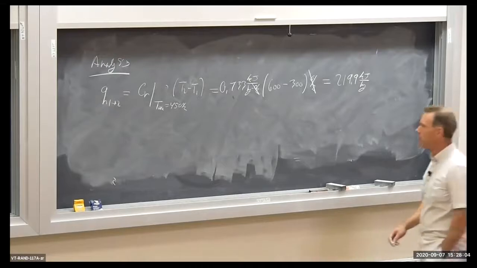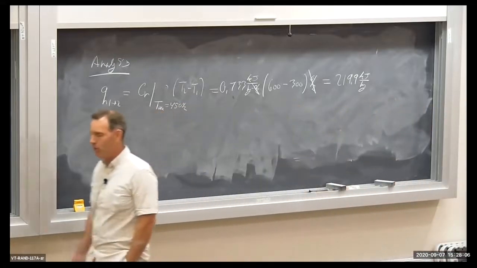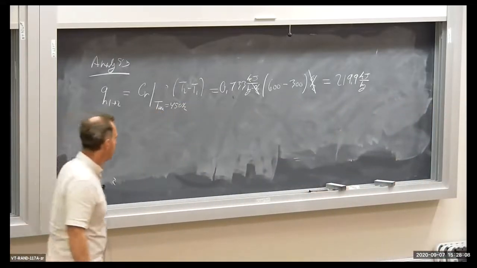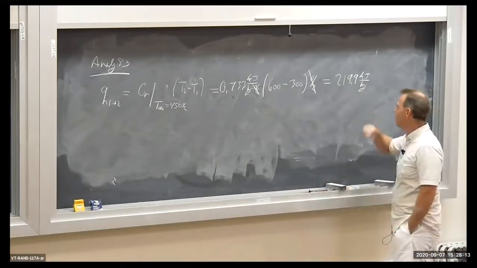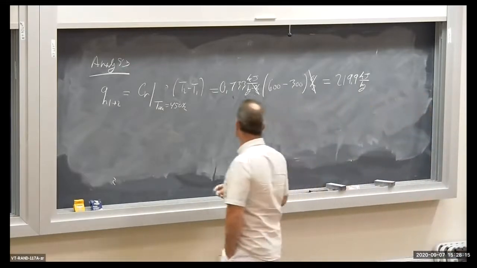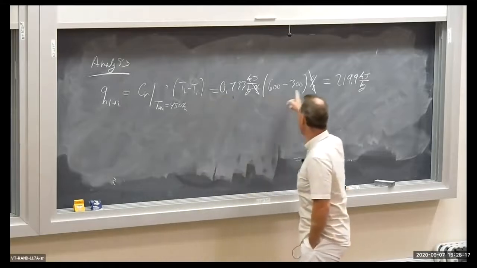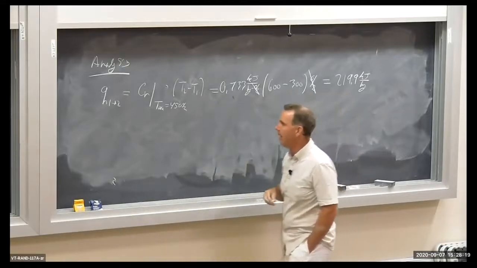Our temperature T2 was 600 degrees. Our temperature T1 was 300. How much heat to raise the system from 300 to 600 degrees? 219.9 kilojoules per kilogram. Notice the Kelvins cancel out.